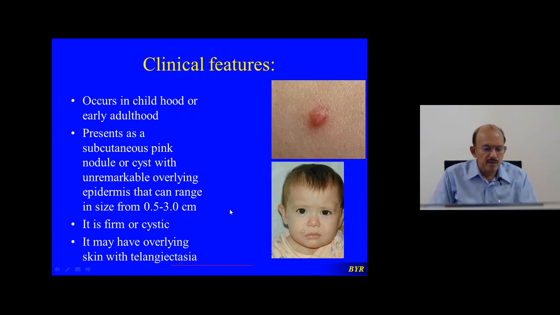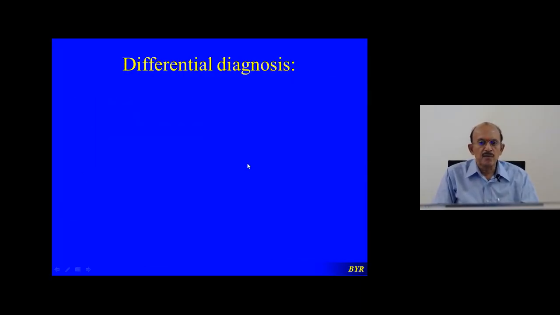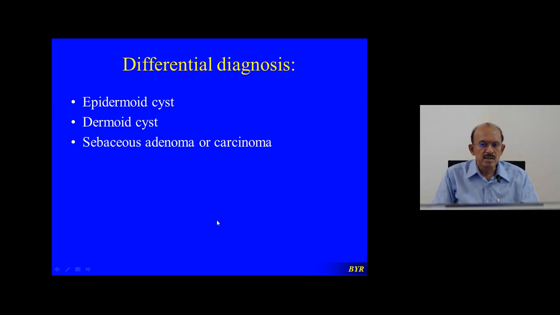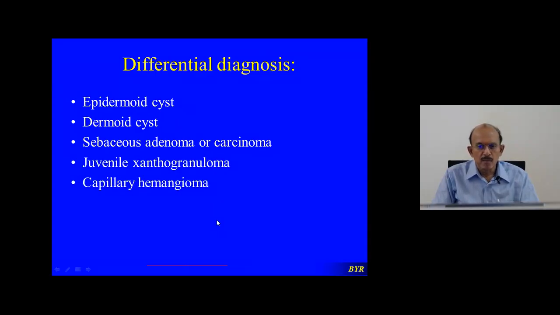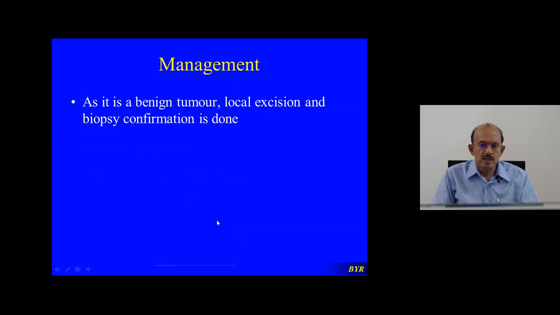So dilated capillary vessels are called telangiectasia. Good. Differential diagnosis: epidermoid cyst, dermoid cyst, sebaceous adenoma or carcinoma, juvenile xanthogranuloma, capillary hemangioma. Management: as it is a benign tumor, local excision and biopsy confirmation is done.